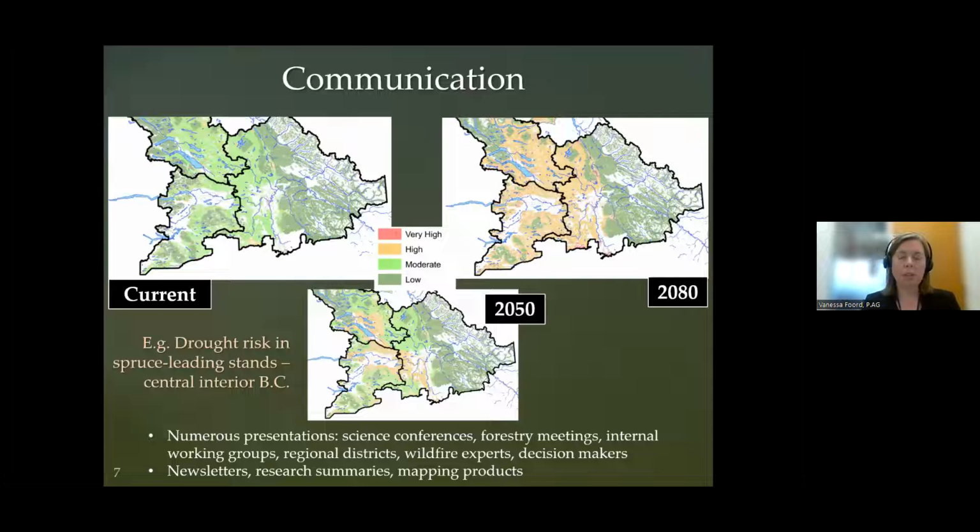We've learned through this process that few people outside of scientists and researchers read scientific publications. So making short little summaries of your research findings in relevant newsletters, research summaries, and also making good visuals and mapping products has been really valuable.